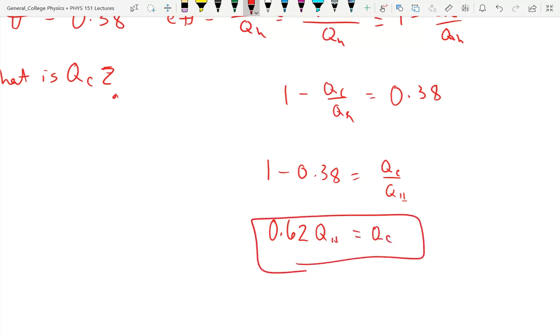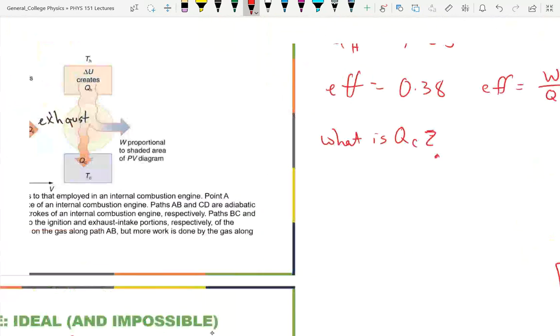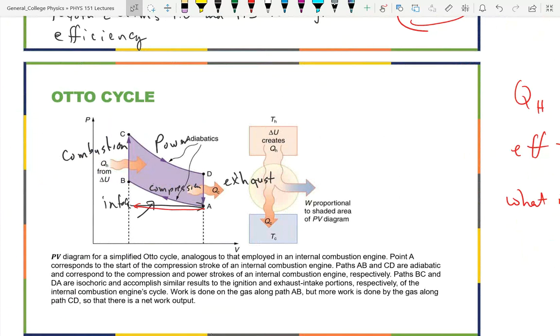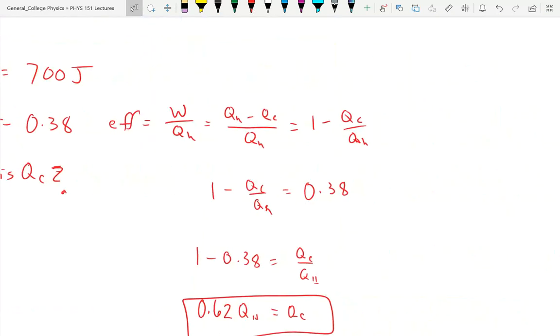And there you have it. So it wasn't super hard. So that's the kind of problems that we are typically going to have with the heat engines. Either the calculation relating work, Q hot and Q cold with efficiency, or the calculation of Carnot efficiency.